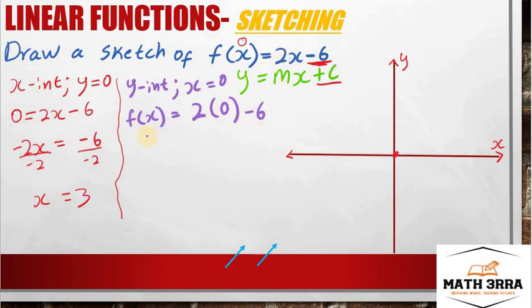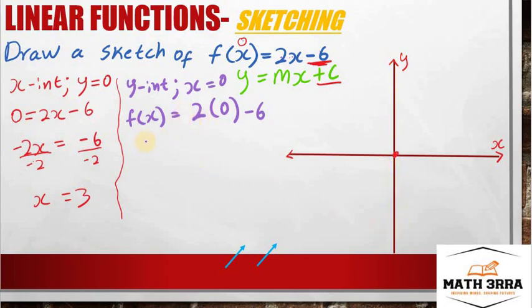For those of you that haven't picked it up yet, this first line, f of x is equal to 2x minus 6, is the same as this f of x is equal to 2x minus 6. The only difference is in the position of x, I substituted 0. Why? Because along the y-axis, x is always 0.